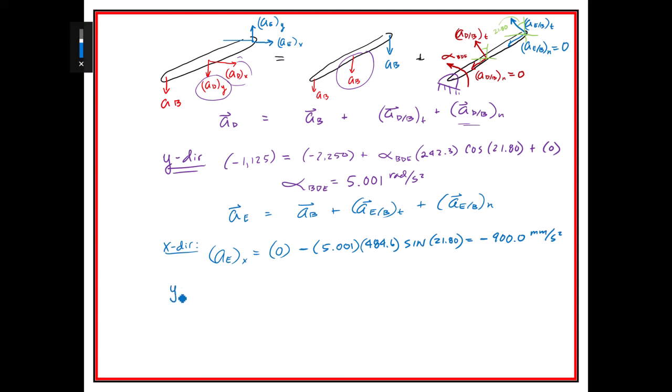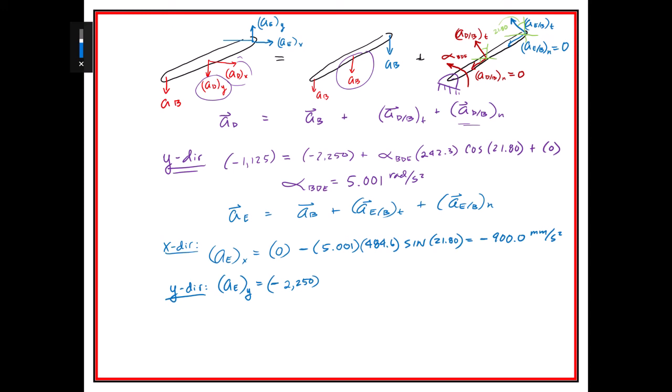And then in the y direction, B, let's see, we're looking at this diagram. We see that B is going downwards. So it was equal to negative 2,250, right?